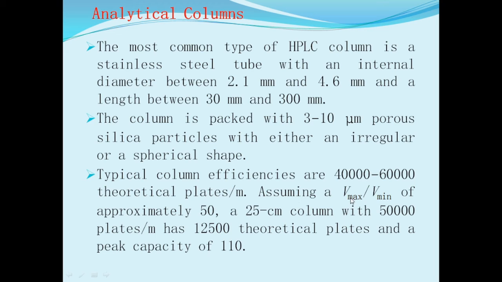Assuming V maximum over V minimum of approximately 50, a 25 cm column with 50,000 plates per meter has 12,500 theoretical plates and a peak capacity of 110.